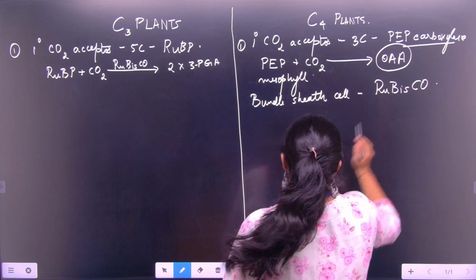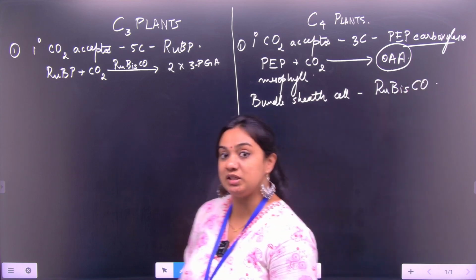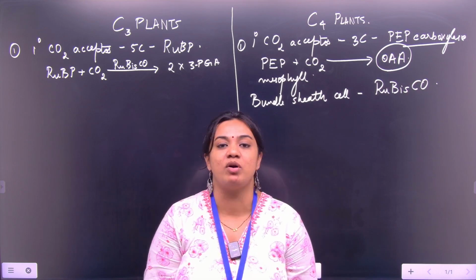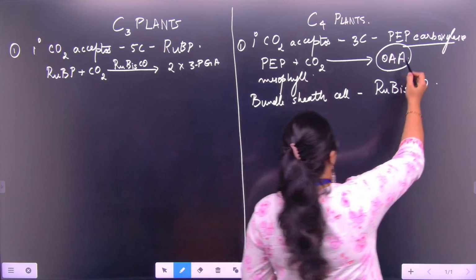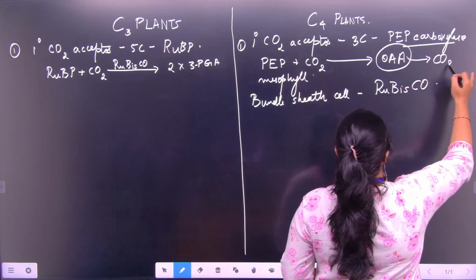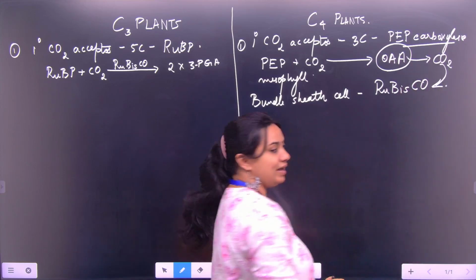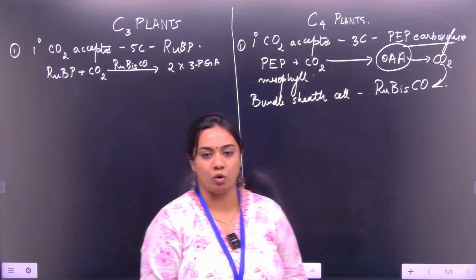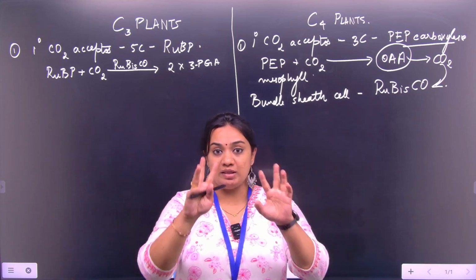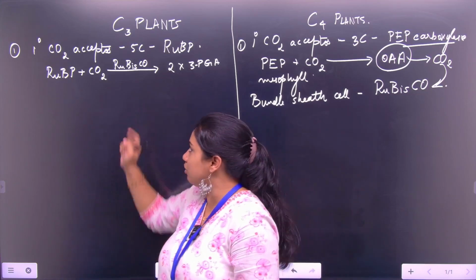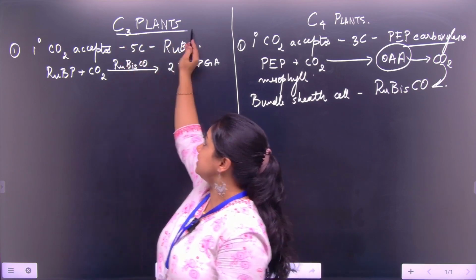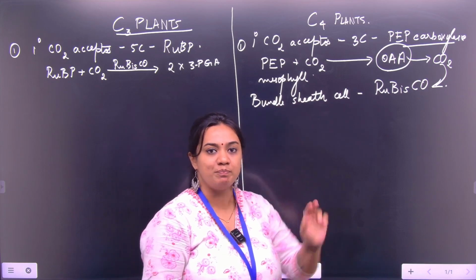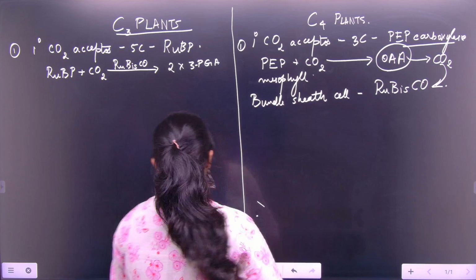The oxaloacetic acid migrates from the mesophyll cell into the bundle sheath cell and undergoes decarboxylation, releases a molecule of carbon dioxide, and that combines with Rubisco to form the same product over there. Okay, so the primary difference is that carboxylation happens once in C3 plants, whereas it happens twice in C4 plants. Okay, this is the major difference.